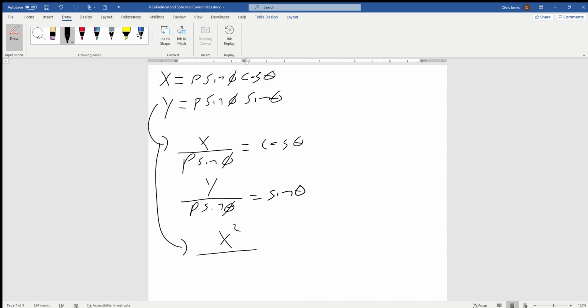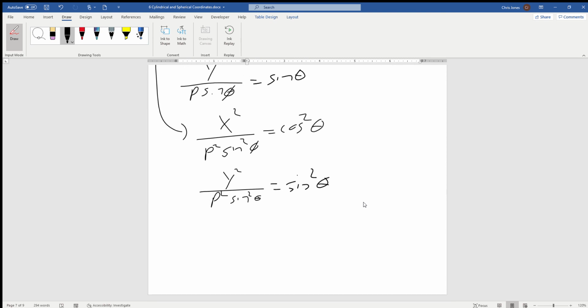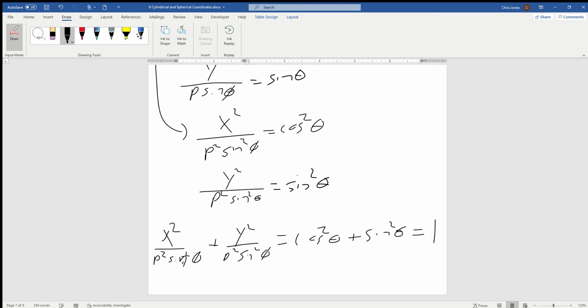So we get x squared over rho squared sine squared phi is equal to cos squared theta. And also y squared over rho squared sine squared phi is equal to sine squared theta. If I add those together, and this is sort of eliminating the parameter, you might remember that from calculus 2, we would end up with x squared over rho squared sine squared phi plus y squared over rho squared sine squared phi is equal to cos squared theta plus sine squared theta, and by our Pythagorean relationship, that's equal to 1.